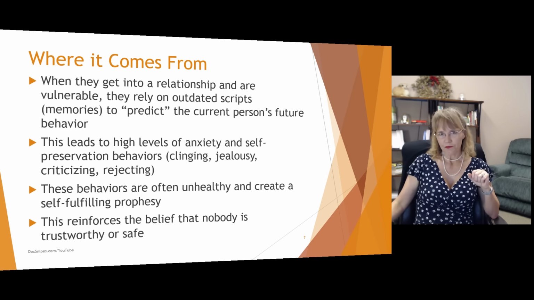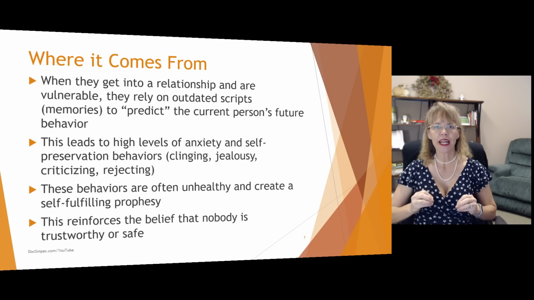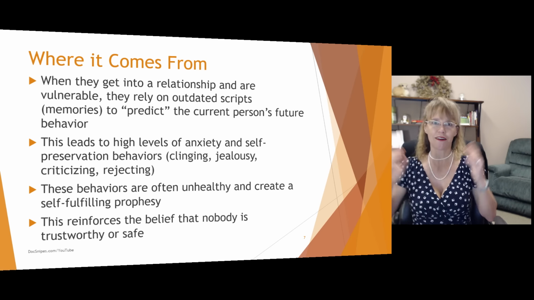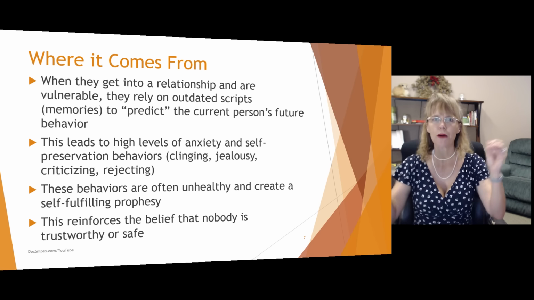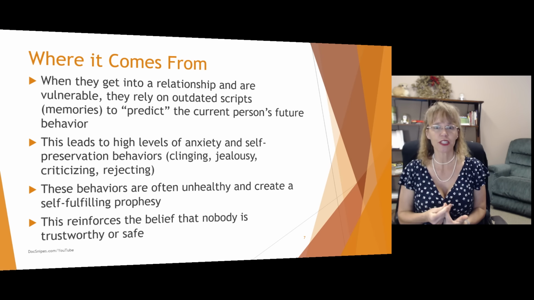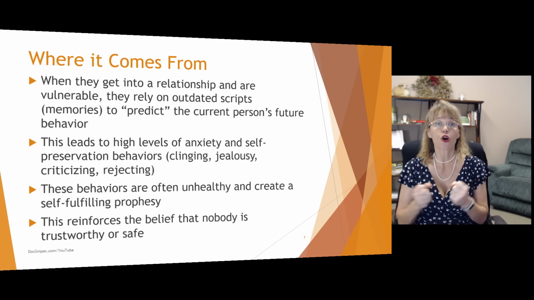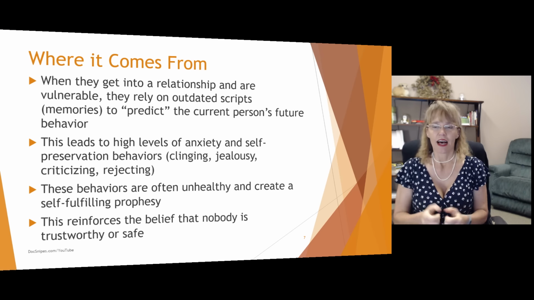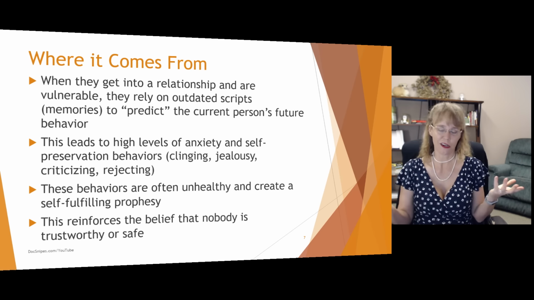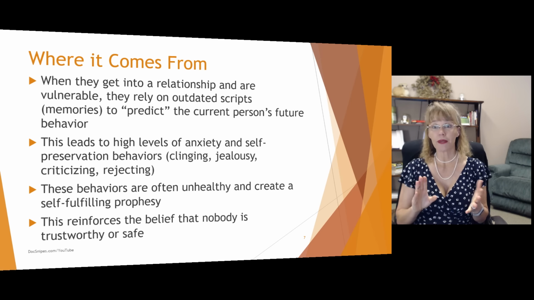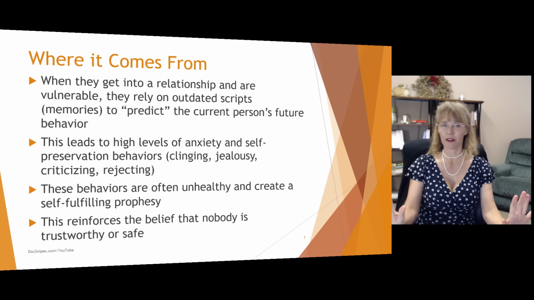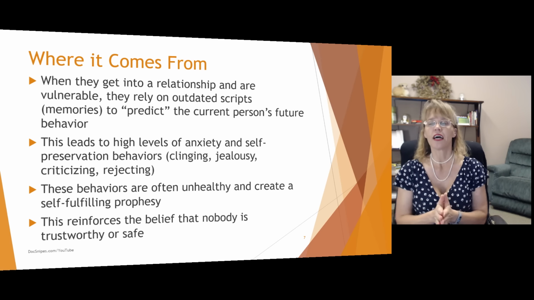So anyway, when people with abandonment anxiety get into relationships and are vulnerable, or even think about getting into relationships and think about becoming vulnerable, they can have high levels of anxiety triggered because it hurt so much before. This may result in self-preservation behaviors, is what I call them. They may become rejecting. They may just say, okay, I'm going to cut bait right now, don't want to go down that road, not safe.